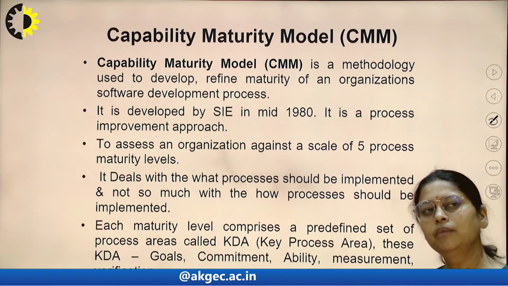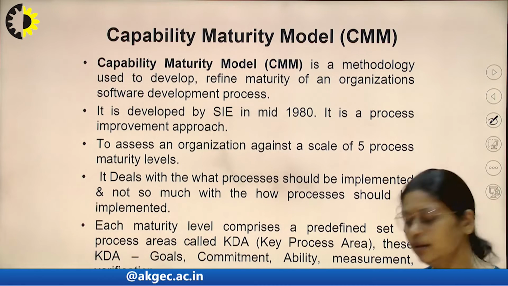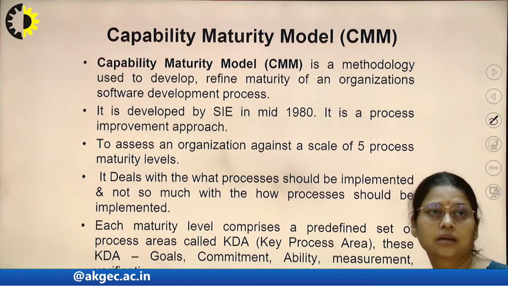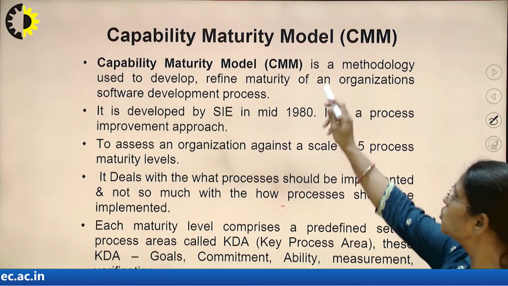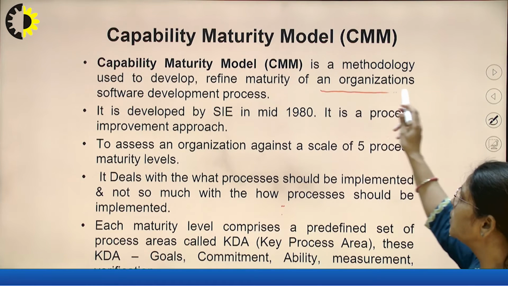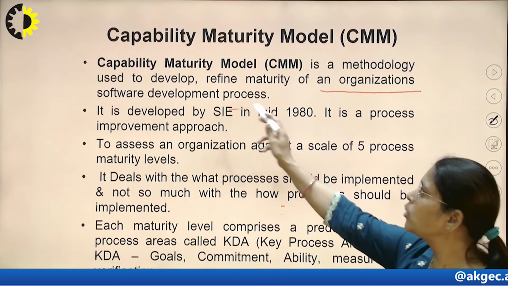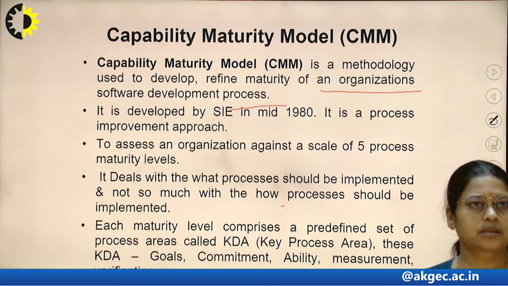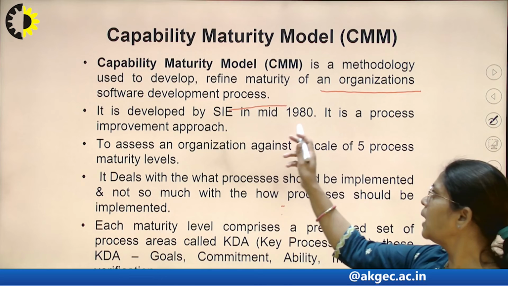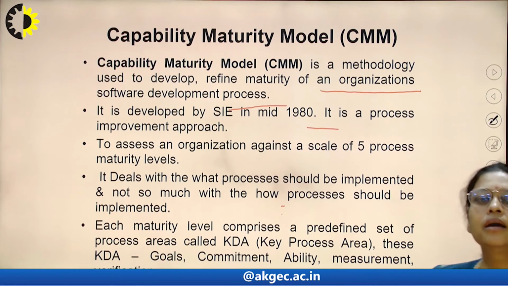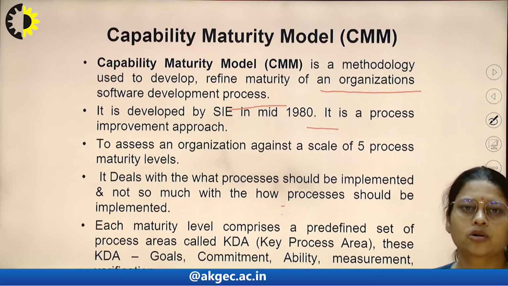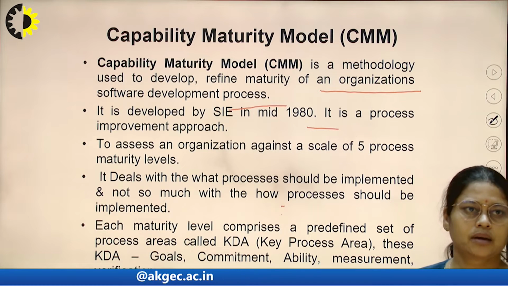CMM, the Capability Maturity Model, is a methodology used to develop and refine the maturity of the software development process. It was developed in 1980, and it shows the improvement process of the software.